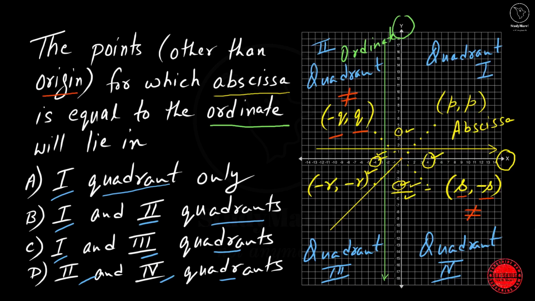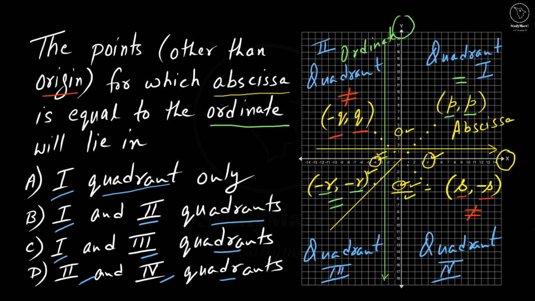Moving on to the first quadrant, you can see whenever we are taking abscissa as P, we are getting the ordinate also as P. That means both are equal. Same way in quadrant 3, whenever we are taking abscissa as -R, the ordinate is also -R. That means both are equal. So that is what our question has asked, the points for which abscissa is equal to the ordinate.